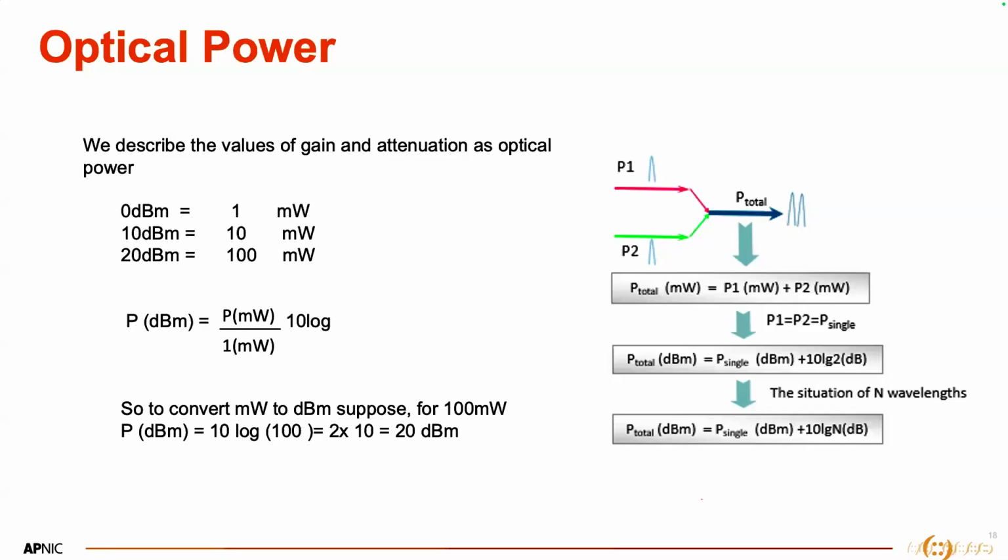For 10 lambdas, each lambda has its own power, and they are supposed to be the same because they are being transmitted from the same type of card, right? So they will have the same power at the source at the beginning. So the single lambda power plus 10 base log 10 will be the total power for the multiplexed signal. You have to make sure of that.